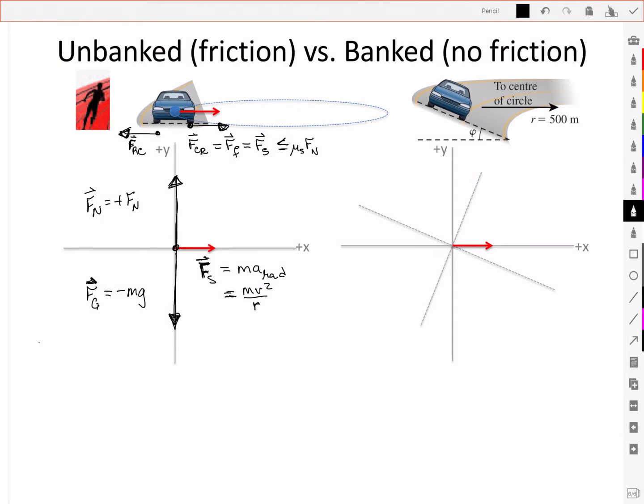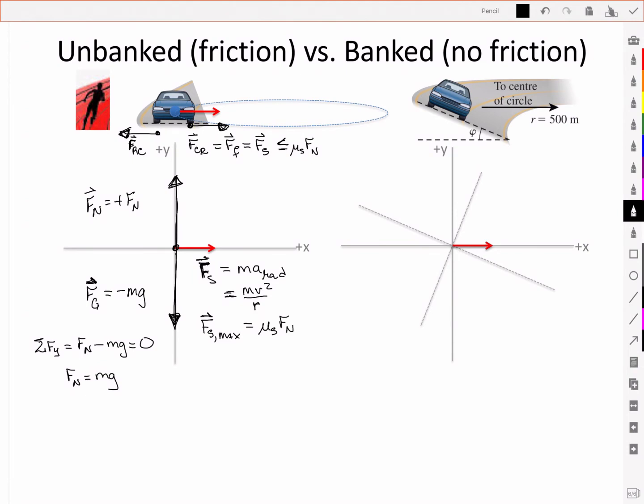If we look on the left, I'm going to look at the sum of the y components. I've got a positive Fn, I've got a negative mg, and there's no acceleration. So it tells me that those two are balancing each other out. Fn equals mg. And so that static friction will build up to some maximum Fs max given by mu s Fn.